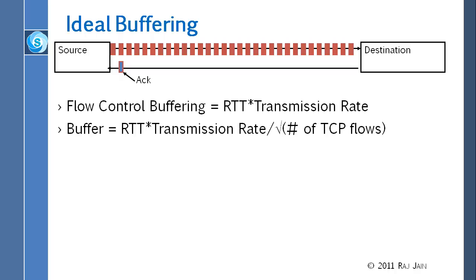However, not every flow should have that much window, or that much buffering, right? Because there are many people sharing that line. So it turns out the sharing is by square root. So if suppose 9 people are sharing, then each of them should have 1/3 buffer of this size. Some time ago, like 20-30 years ago, before my time, somebody did an experiment and said that the buffering is proportional to the square root of people sharing.